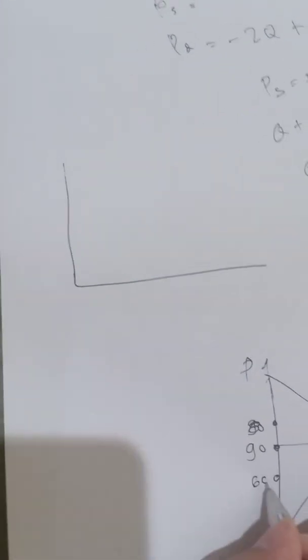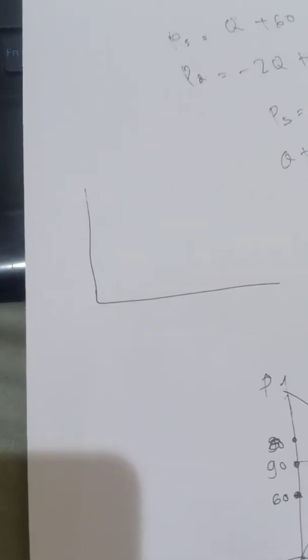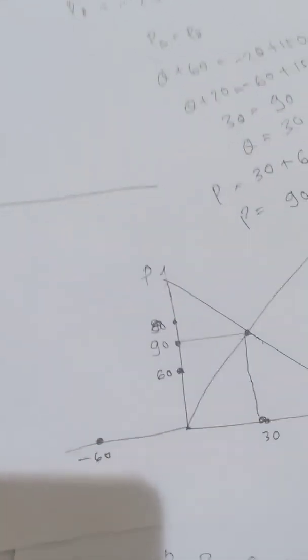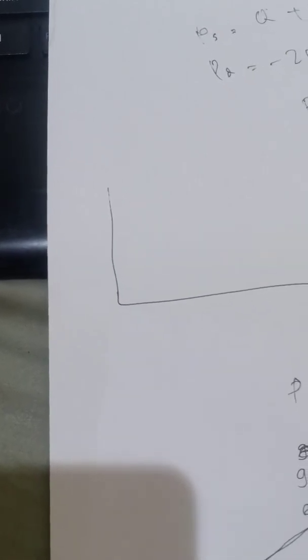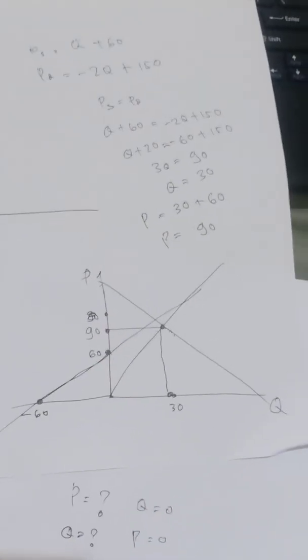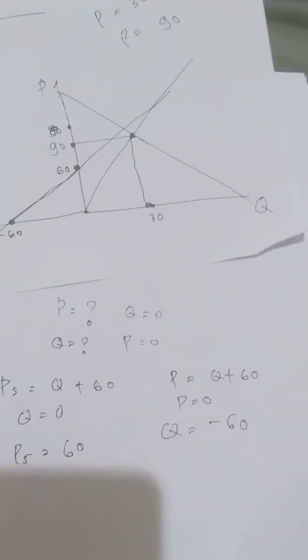The PS intercept will be 60 and this will be minus 60.